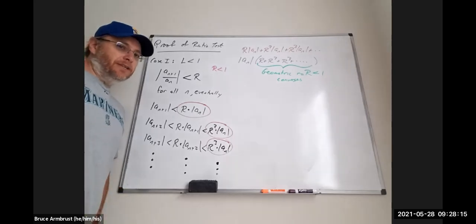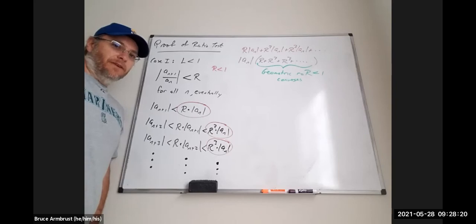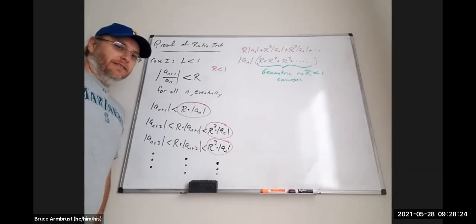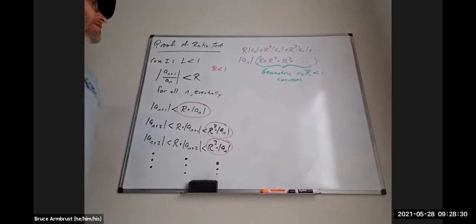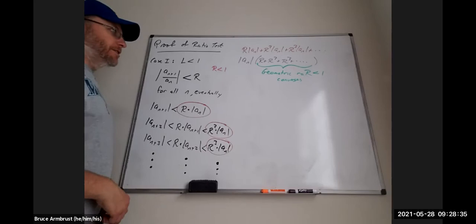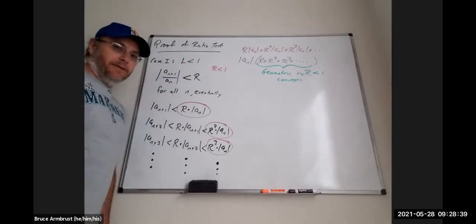This is the other reason ratio test is really nice, because it gives you absolute convergence. There's no question of, is it absolute or conditional? Nope. If the ratio test says it converges, it converges absolutely. All right, so there's your proof that the ratio test does show absolute convergence if L is less than 1.